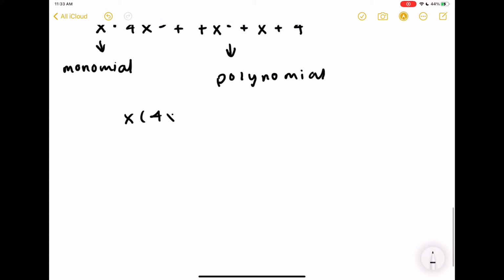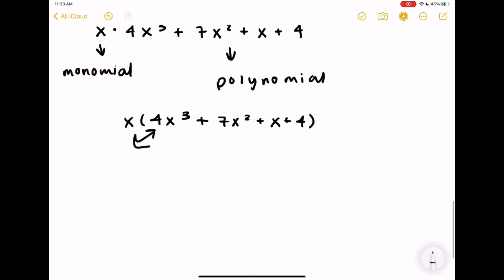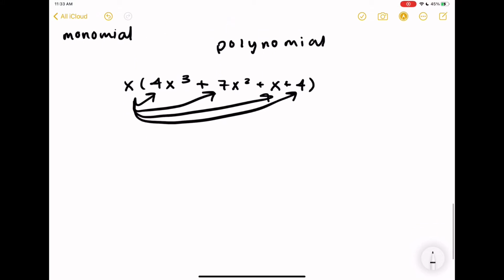So we put the polynomial into the parentheses and the monomial outside so that we can use the distributive property. Once you use it, you'll get x times 4x cubed plus x times 7x squared plus x times x, and then plus x times 4.